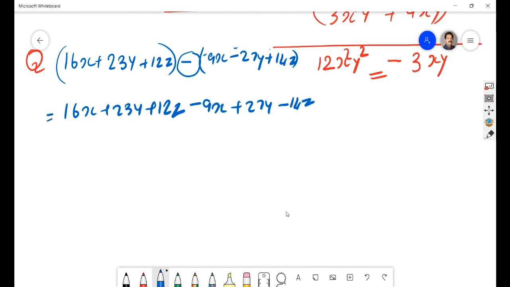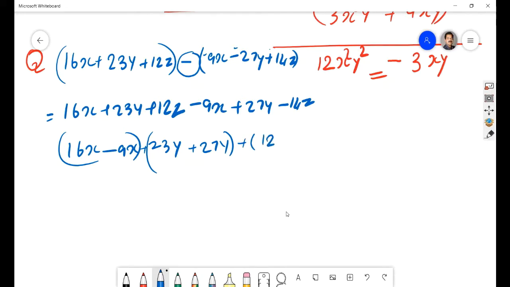Now what will happen next is we will rearrange it in such a way that like terms come together. 16x and minus 9x will come together. Let us put it in a bracket. Then 23y and the other y, plus 27y, will come next, where it will be addition, and plus you are having here 12z minus 14z, right, in another bracket.